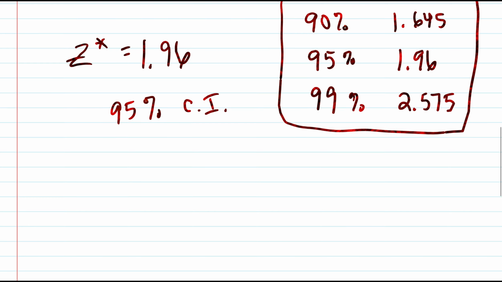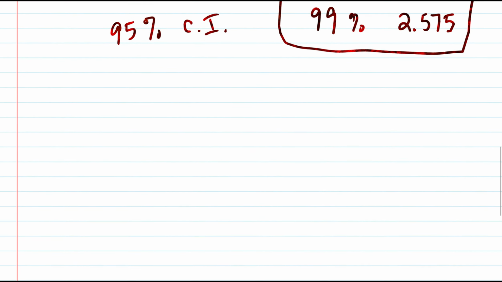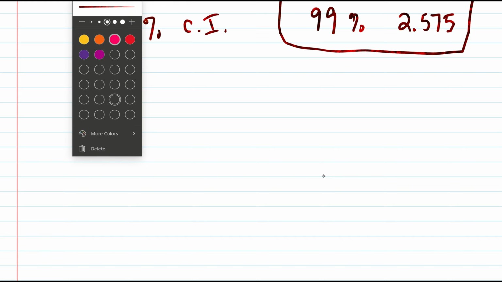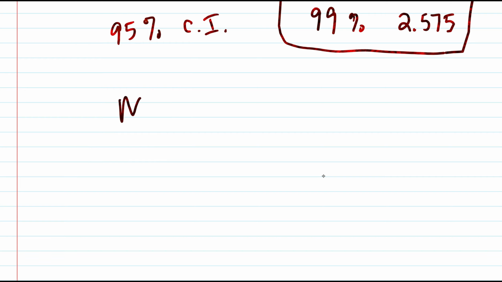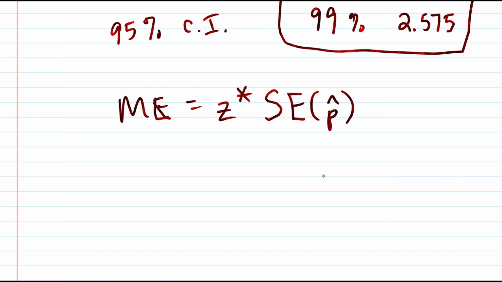So now that we have that value, we'll go ahead and start plugging into our formula. The formula for margin of error is what was mentioned above, Z asterisk times the standard error of P hat. So Z asterisk is 1.96, times the standard error, which had its own formula given above as well.